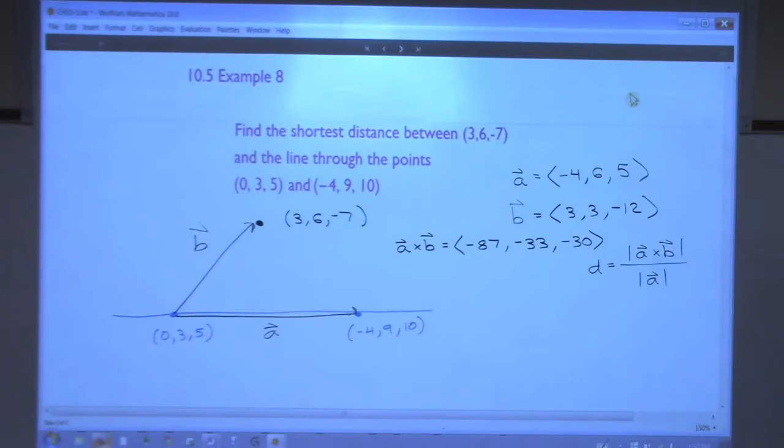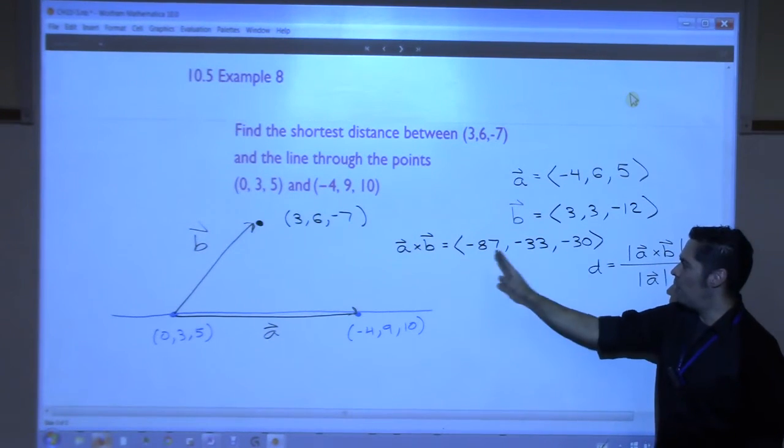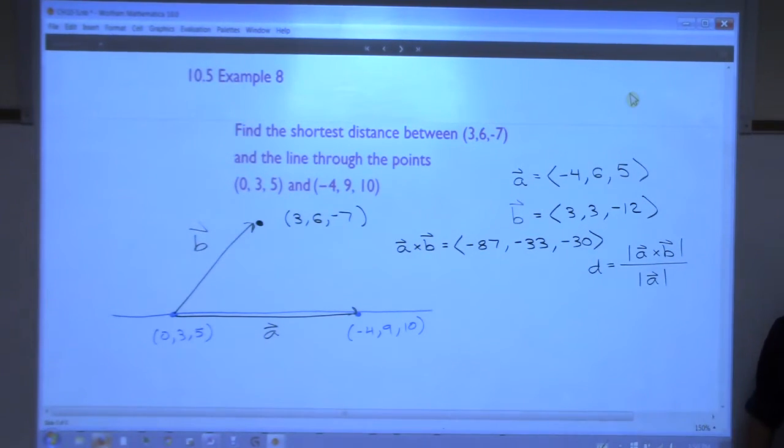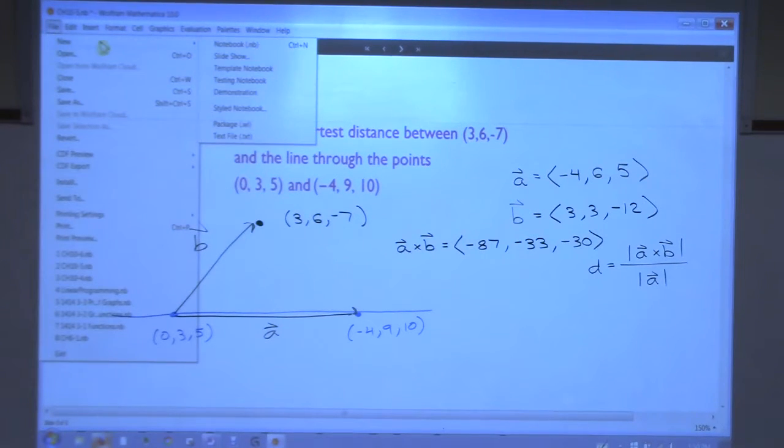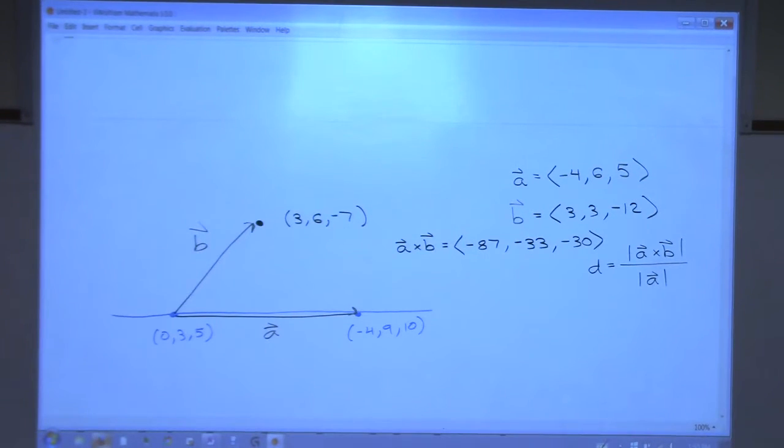And then the magnitude. We have to find its magnitude, which is the square root of all of these squared and added up. Let's get that as a numerical answer. In other words, go figure out what that is as a decimal, and I'm going to check our work. We're crossing -4, 6, 5 with 3, 3, -12.